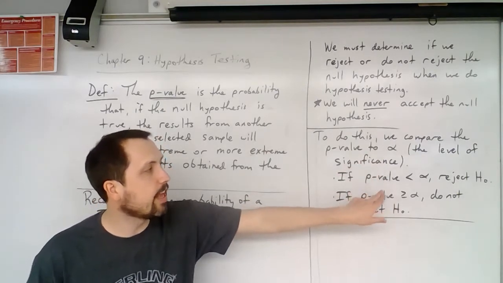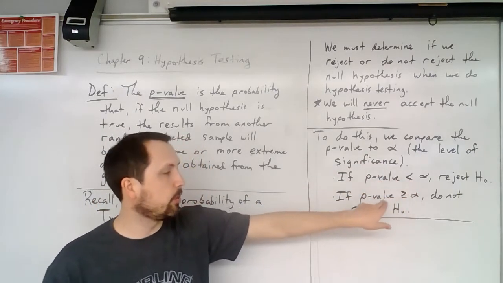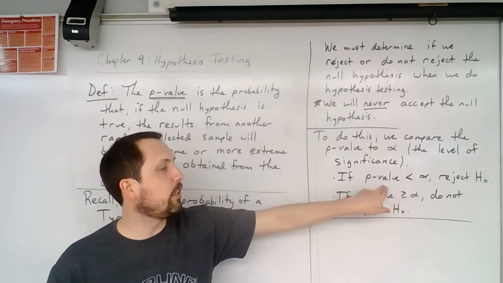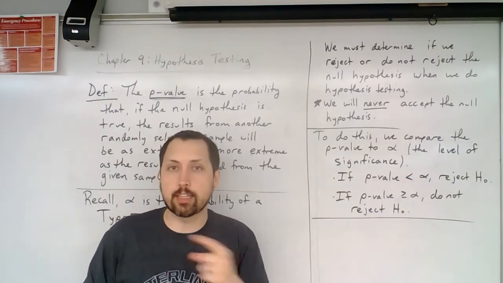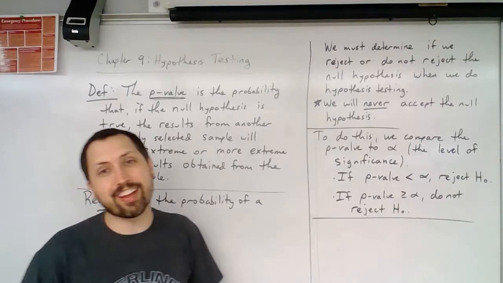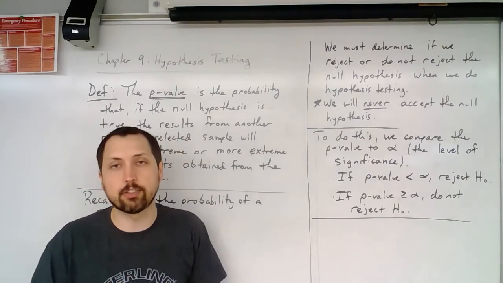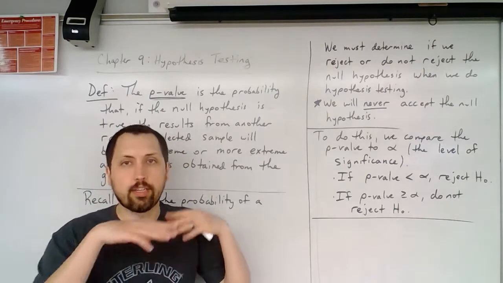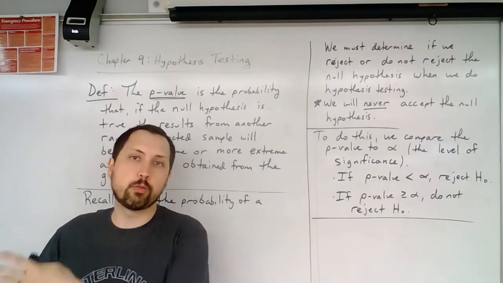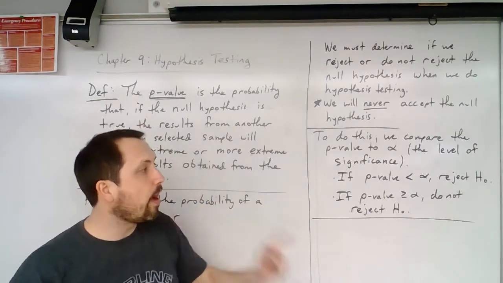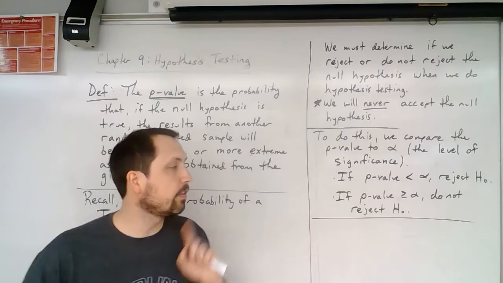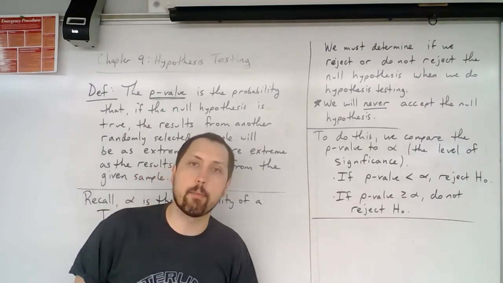Okay, so when we compare these, the p-value is either going to be less than alpha or greater than or equal to alpha. If the p-value is less than alpha, we're going to reject the null hypothesis. We think that there is some significant difference between what the sample is versus what the larger population is. However, if the p-value is greater than or equal to alpha, we do not reject the null hypothesis.